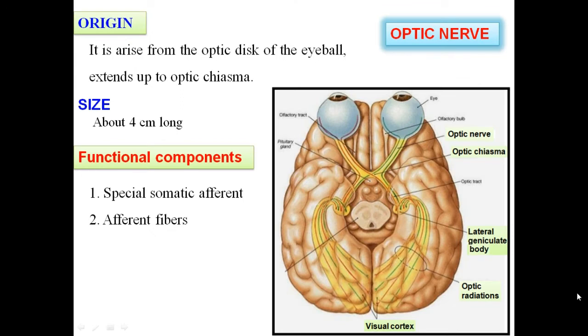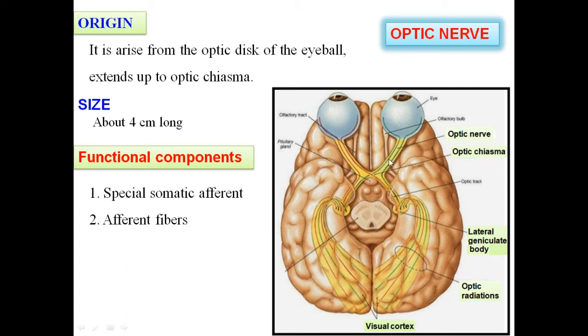The optic nerve, as a paired sensory nerve, transmits information from the retina to the visual cortex of the brain. It arises from the optic disc of the eyeball, from the retina, and extends up to the optic chiasma.